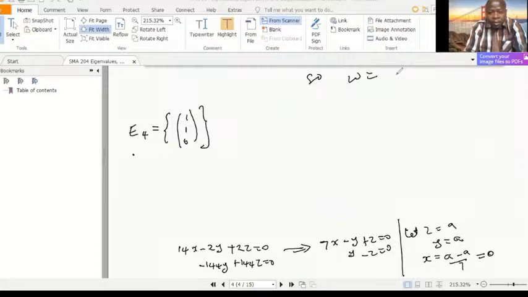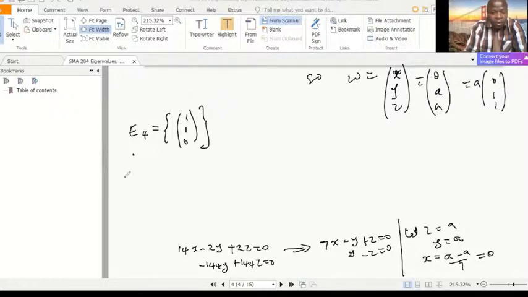W is A, and it was X, Y, Z. But X is 0, Y is A, and Z is A. This is just the same as A times 0, 1, 1. So for lambda equals negative 8, that null space is this 0, 1, 1.